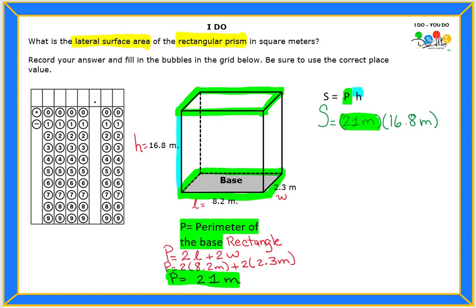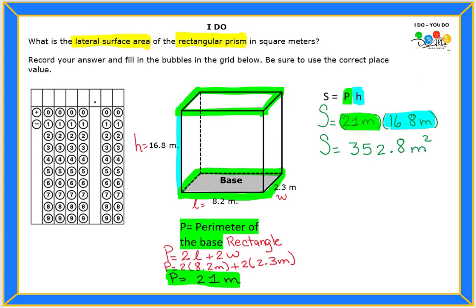This is my height, and of course that is 16.8. So what you need to do next is multiply 21 times 16.8, and we're going to get surface area equals 352.8 square meters.